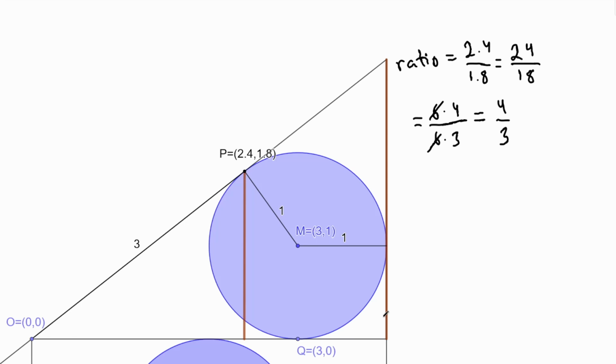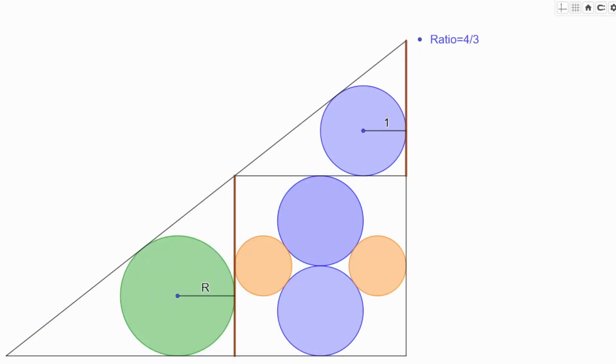Let us now step back a bit to summarize what we have figured out so far. So, we just computed the ratio between this base length, which is 4, and this height, and computed it to be 4 by 3, meaning that this height is actually equal to 3 units.